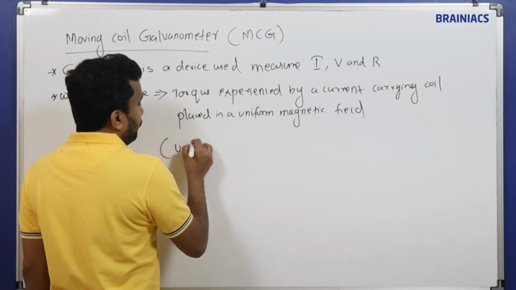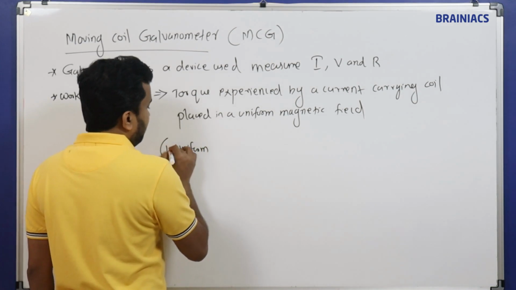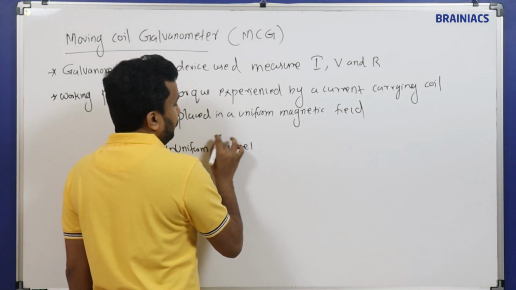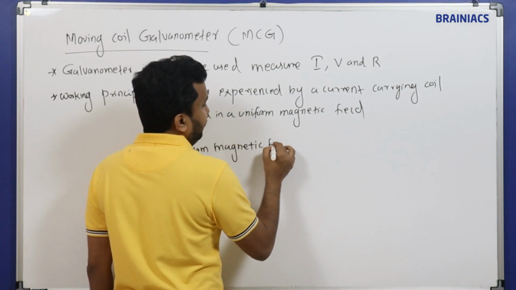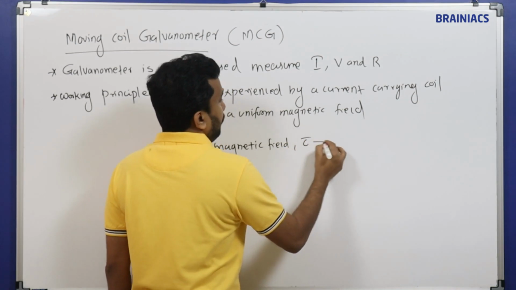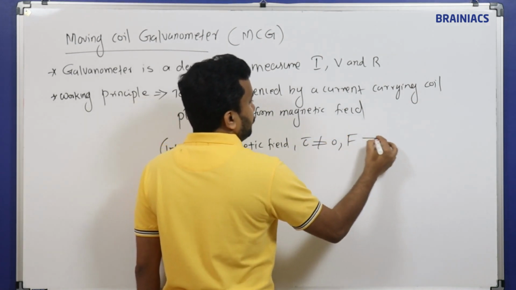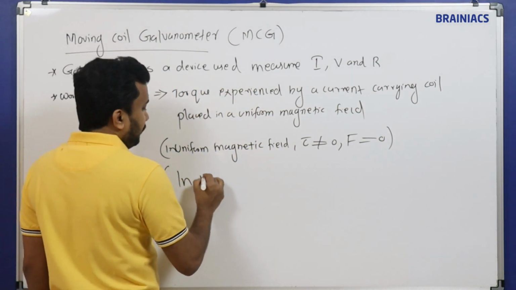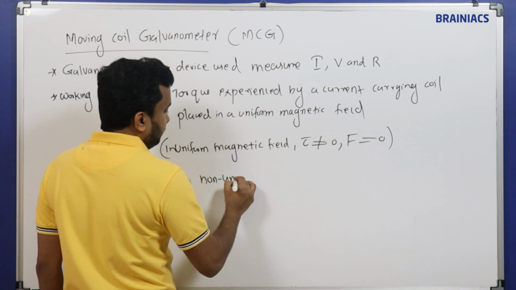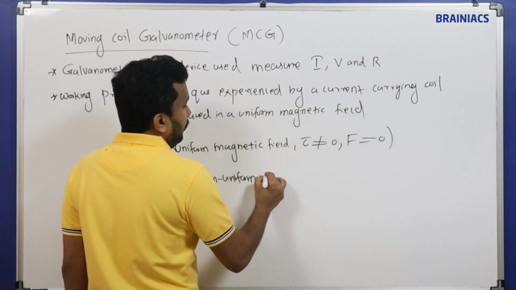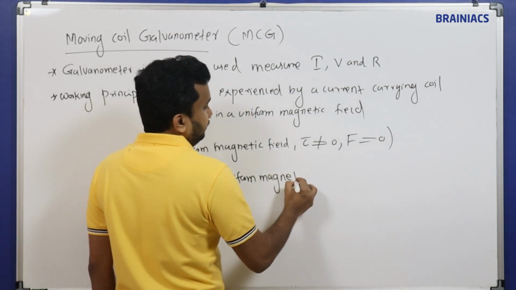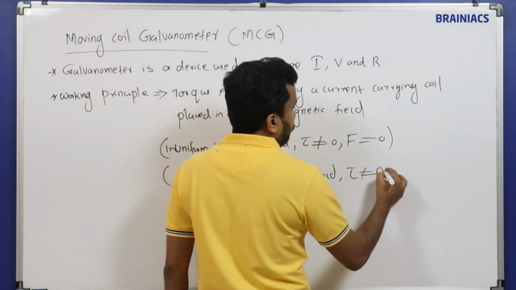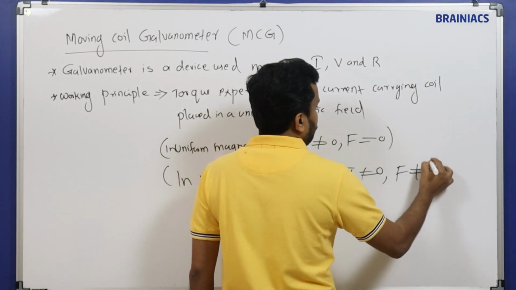In a uniform magnetic field, torque is not equal to 0, force is equal to 0. Second, in a non-uniform magnetic field, torque is not equal to 0, force is not equal to 0.